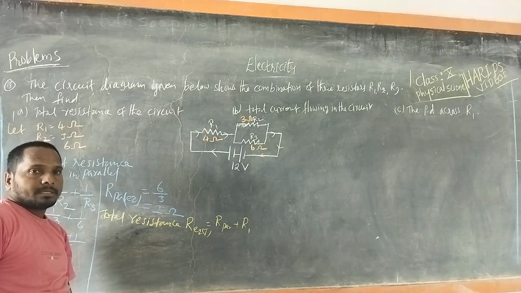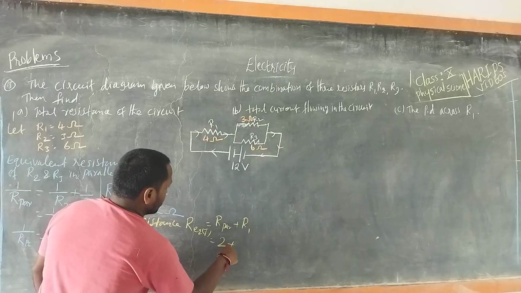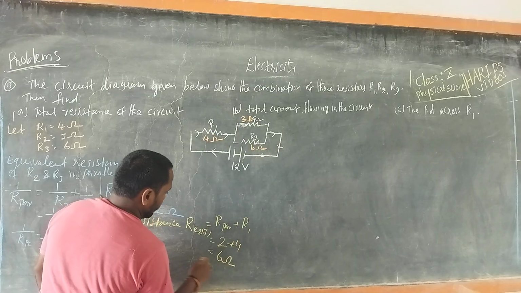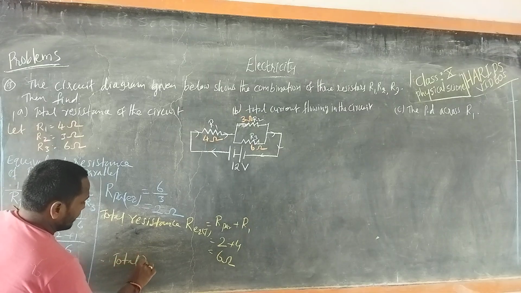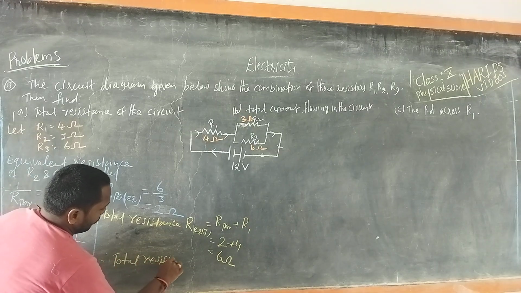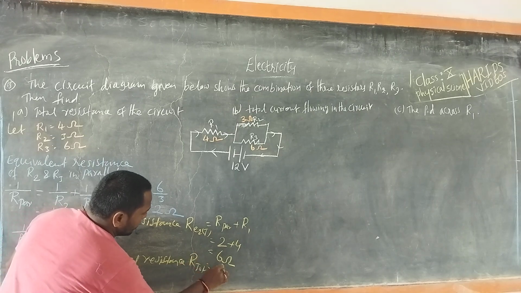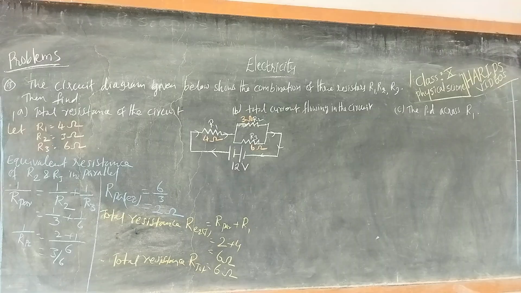R parallel is 2 ohms, R1 is 4 ohms. So 6 ohms. That is equal to the total resistance. R total is equal to 6 ohms.